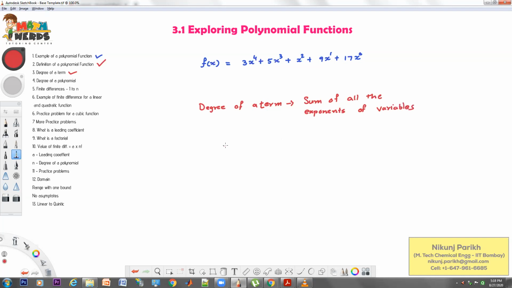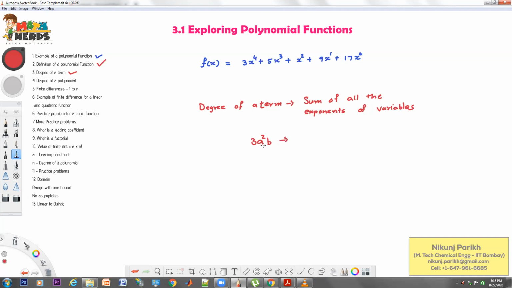So for example, if you have 3a squared b, then the degree of this term, this is a term because the variables are multiplied by each other and that is multiplied by some constant. So constant may be there or may not be there. But there is no addition or subtraction. So this is a term.